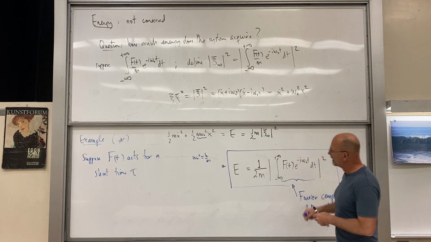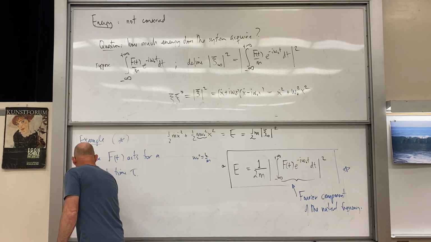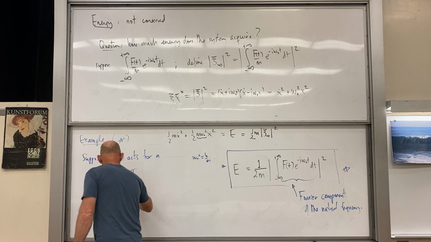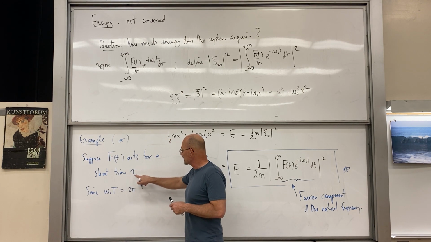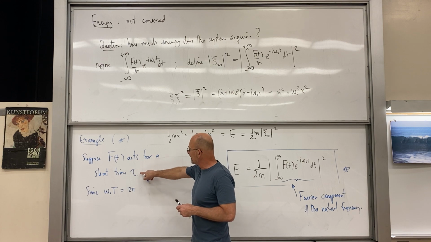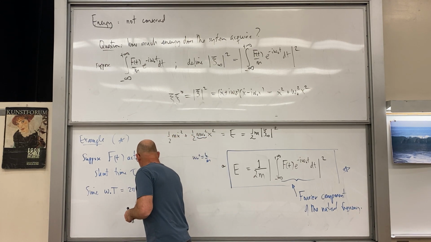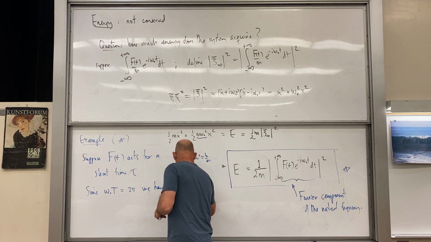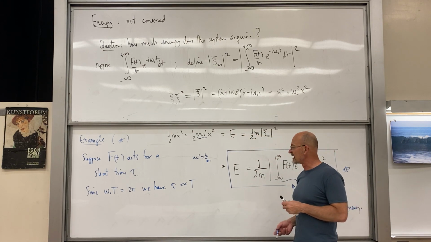Well, remember, since omega naught T is equal to 2 pi, and T is the period, when we're talking about a short time, namely a time that is much, much less than the period, we have tau is much, much less than the period. That's the idea: short time with respect to the period of that oscillator.